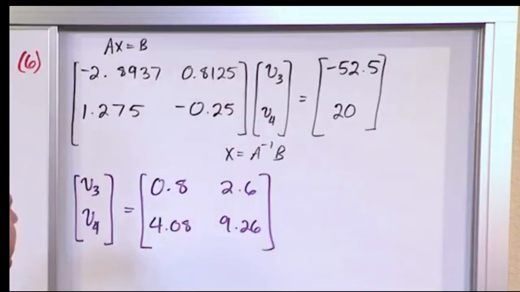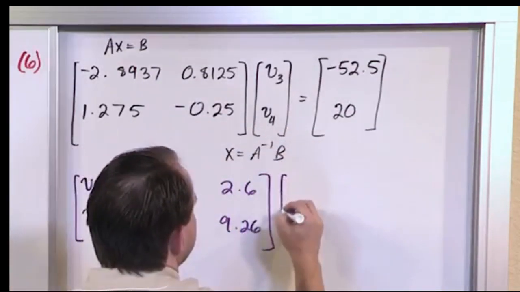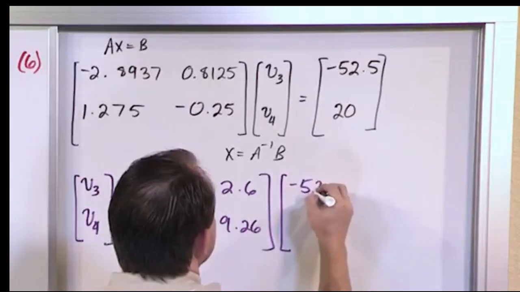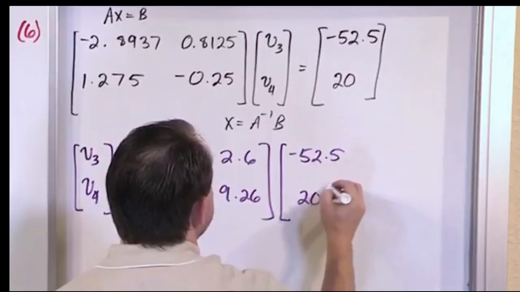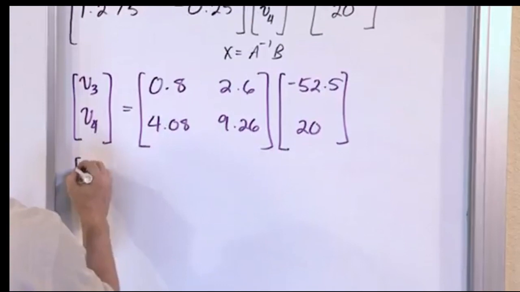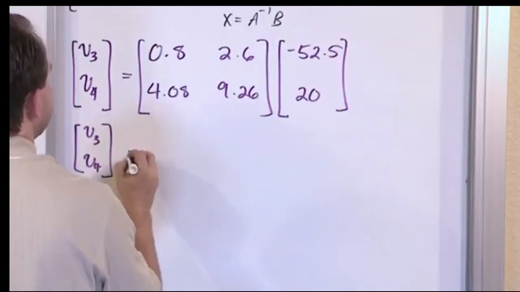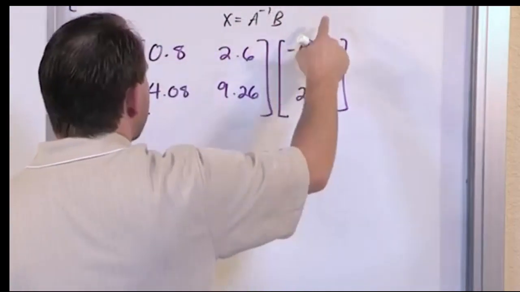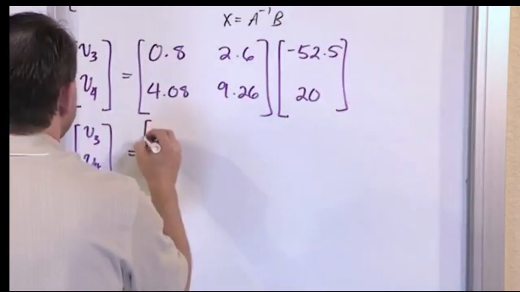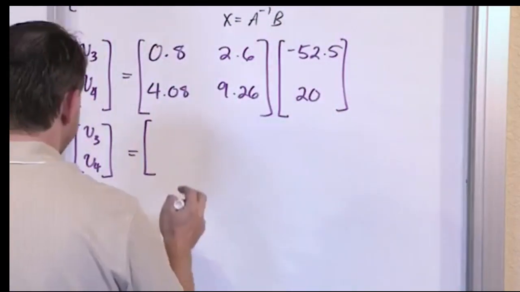That's the inverse of matrix A. You still have to multiply it by the right-hand side, negative 52.5 and positive 20. So at the end of the day, for V3 and V4, take this matrix, multiply, and you're going to end up with something kind of shocking.